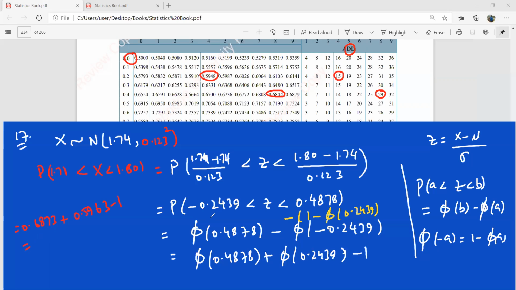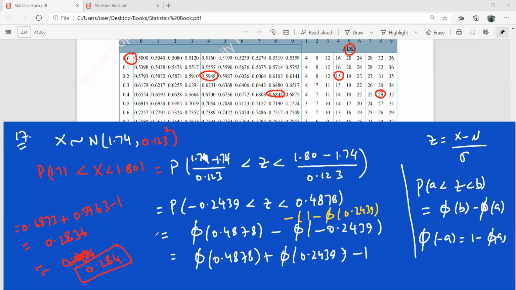So this is 0.6873 plus 0.5963, and then there is a minus 1. So this is 0.2836, and correct to three significant figures it is 0.284.